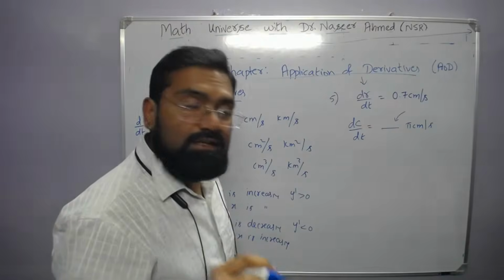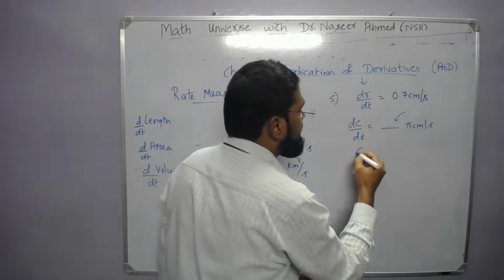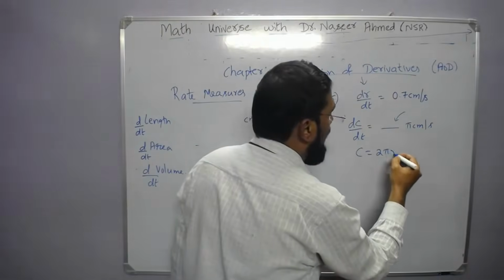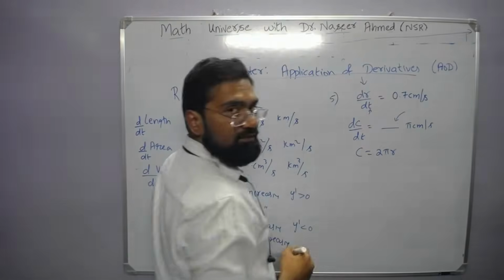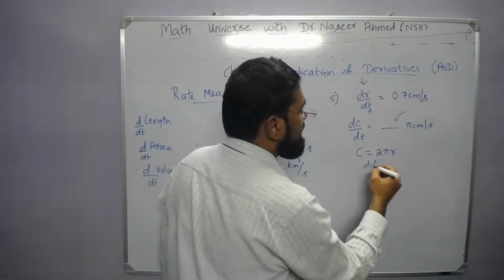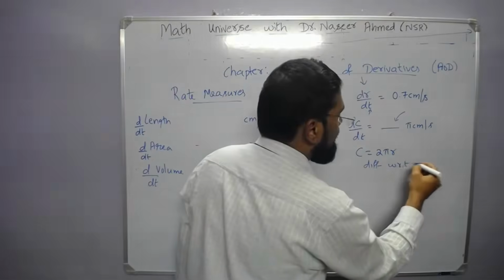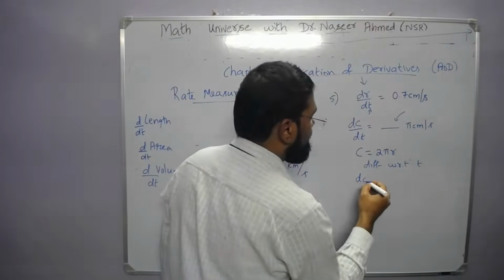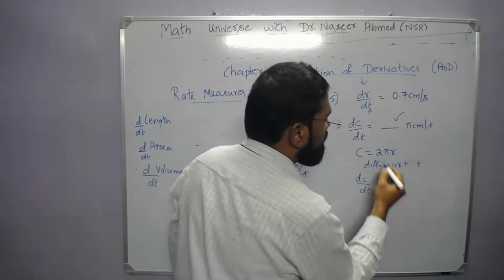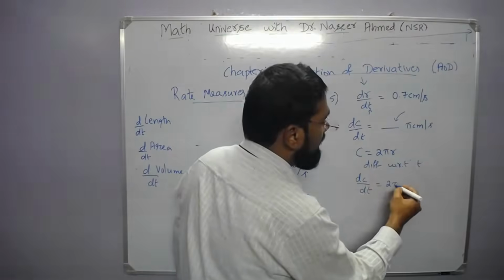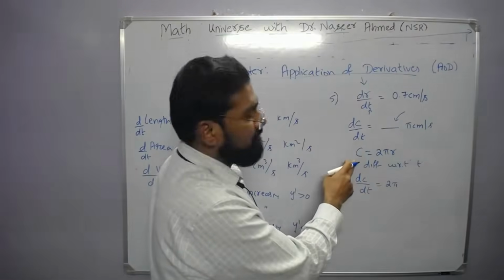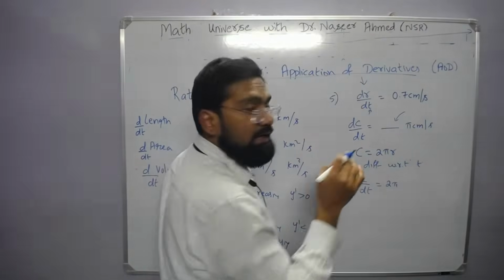Since the problem is on the circumference of the circle, C is equal to 2 pi r. Since I want the rate of change with respect to time, differentiate this with respect to time. Then we have dC by dt is equal to 2 pi, a constant. Be careful, here C and r both depend on time t.